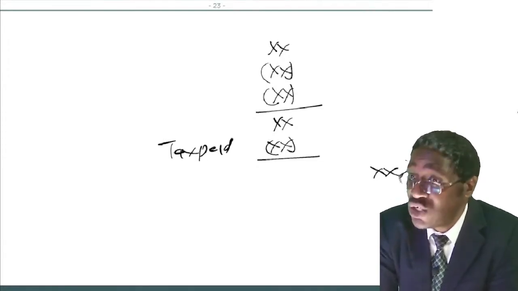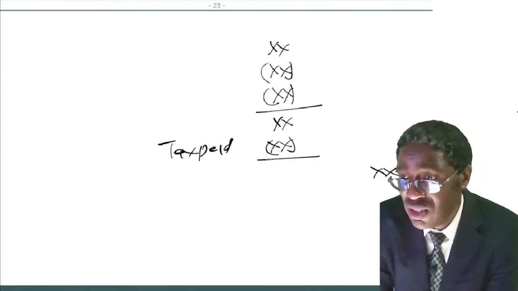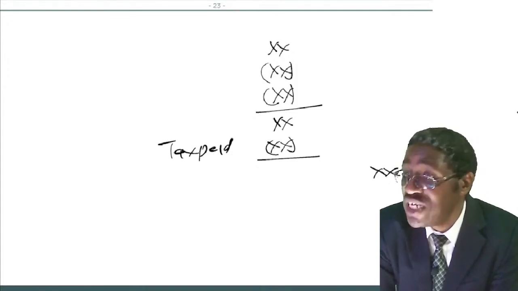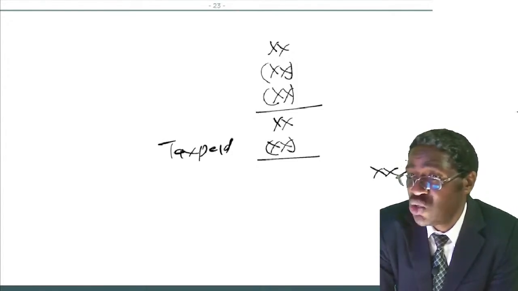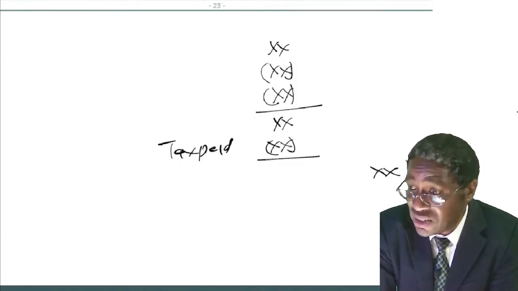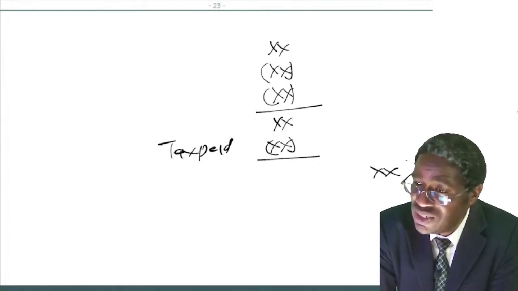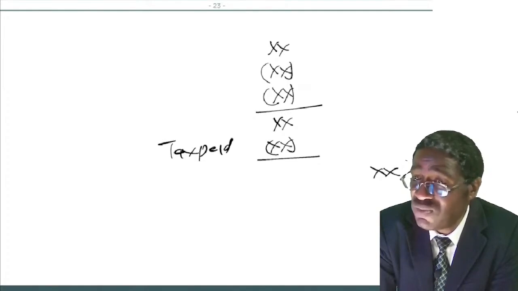Two of them are in brackets, which means they are negatives, and one is a positive. Chat it down.